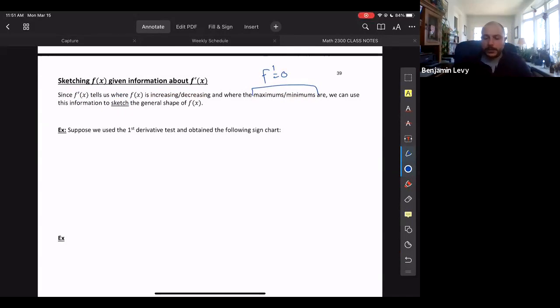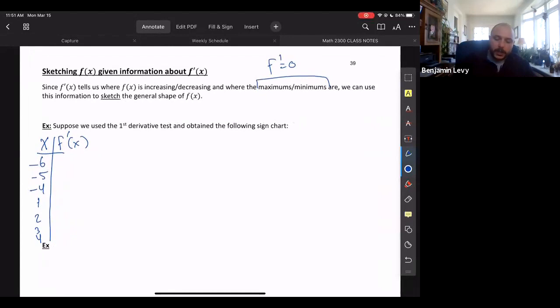Let's suppose this first derivative test gives us this sign chart. So you do a first derivative test and you end up with this. So here are our points we're testing out. I made it up ahead of time, I'm not making it up on the spot, but let's say we're testing these points in a table. Forget about what the specific outputs are, but let's say that when you plug in -6 into the derivative, you get a positive number.